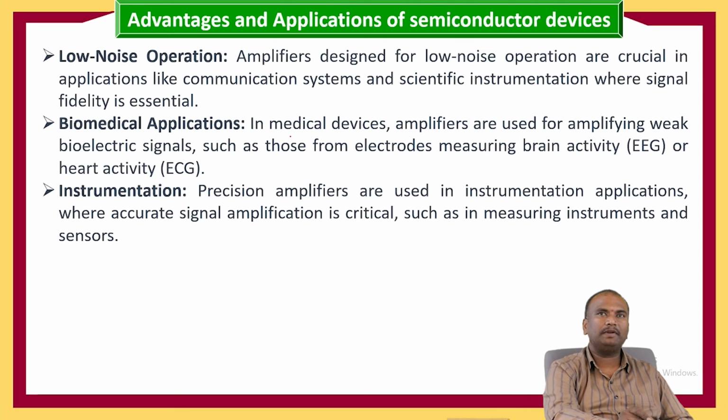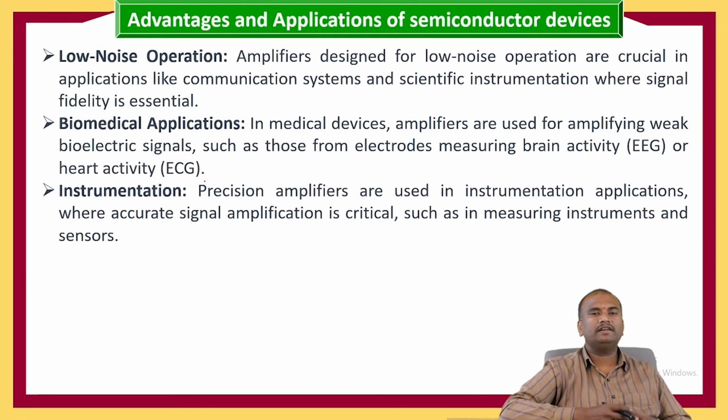The biomedical applications. In medical devices, amplifiers are used for amplifying weak bioelectric signals such as those from electrodes measuring brain activity, EEG, or heart activity, ECG. That is, whatever the low signal is will be converted into a high signal that will be used in the biomedical applications.